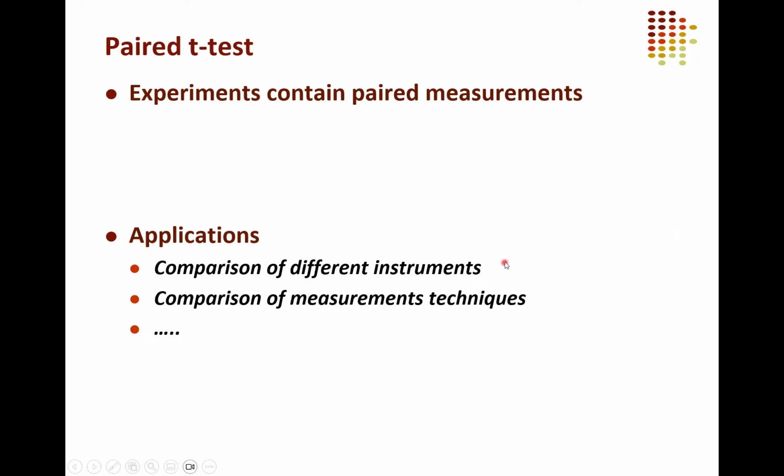It means all the sample objects have been tested by the different instruments. So at one time we have the measurement from two different instruments. Similarly, this is also applied to the comparison of measurement techniques.